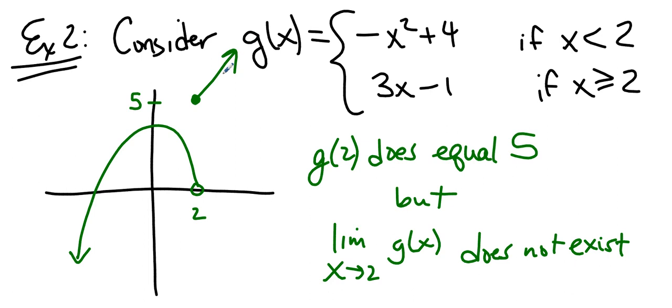So if the limit of g of x as x approaches 2 from the right is different than the limit of g of x as x approaches 2 from the left, we say that the limit of g of x as x approaches 2 does not exist, because those limits from the left and the right have to be the same.